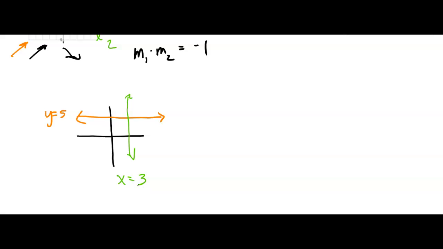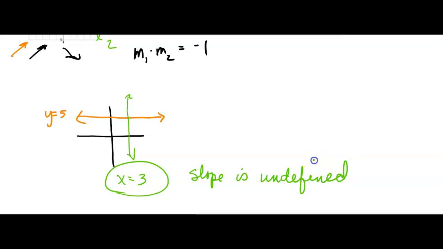Now, we didn't talk about this in the last video, but what's the slope of a vertical line? The slope of a vertical line, slope is undefined. What's the slope of a horizontal line? The slope is 0. And, you know, are those opposite reciprocals of each other?